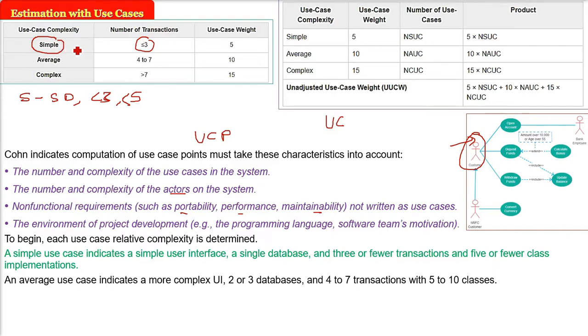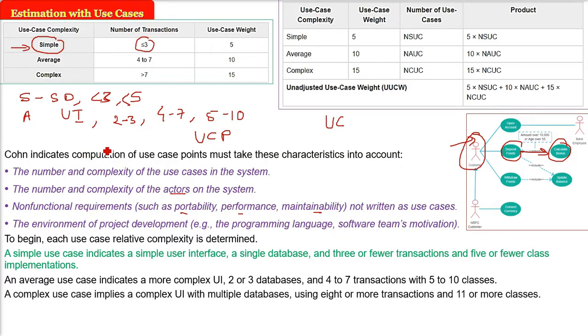Now if you say my use case is average, what does that indicate? An average use case indicates a more complex user interface. It can have 2 to 3 databases, unlike the simple one where only a single database was there. And there can be 4 to 7 transactions. When the use cases are formed, we show the transactions or activities. And 5 to 10 classes will be there.